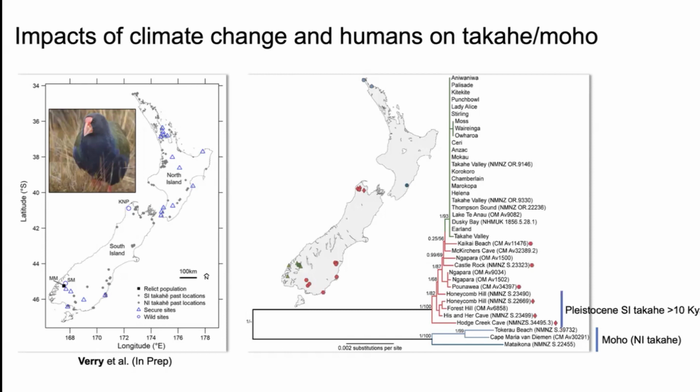When you look at Takahe, the other group there, all of our Pleistocene Takahe, like Hodge Creek Cave System, His and Her Cave, Forest Hill, Honeycomb Hill, are all down the base of the tree, and we lose all of those. We don't see any of those lineages when we're looking at the Holocene. So pre-Polynesian, we've already lost a whole lot of genetic diversity as you've gone from a cold glacial to the warm interglacial.